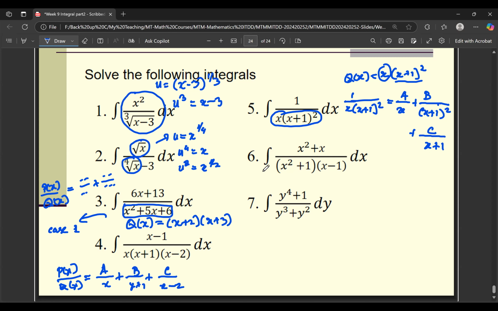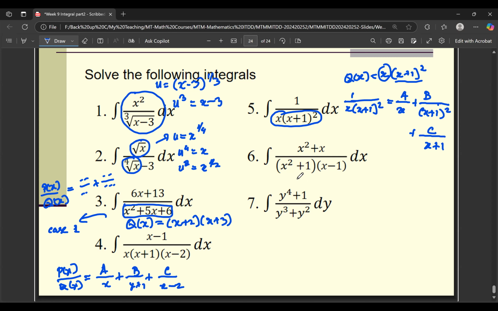And number six, we have that, from 3, 4, and 5, the degree of Px is less than the degree of Qx. Also for number 6, the degree of Px is 2, and the degree of Qx is 3. So the degree of Px is less than the degree of Qx.